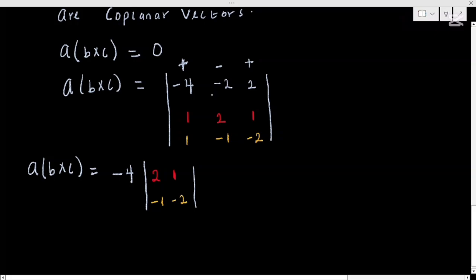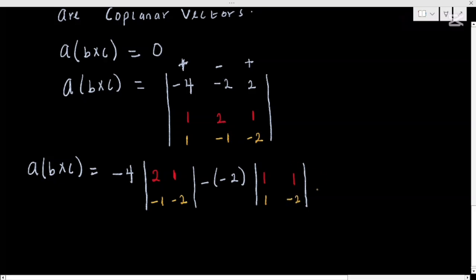So for the first row, second column now, we have minus into bracket -2, and when we close the first row and the second column, what do we have left? 1, 1, 1, -2.